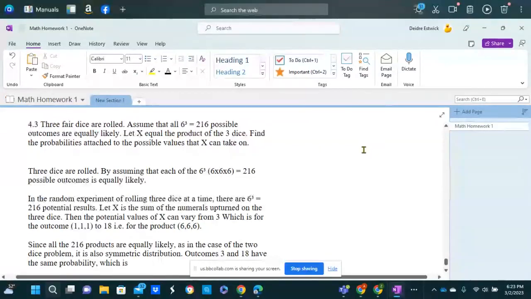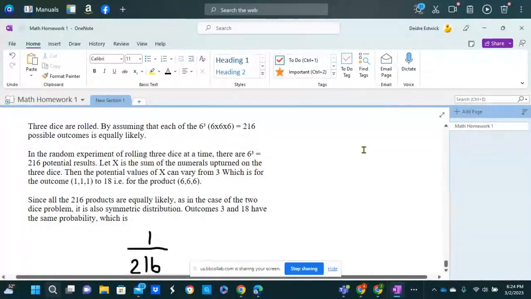So I wrote the question. 3 dice are rolled, assuming that each of the 216 outcomes is possible, 6 by 6 by 6.